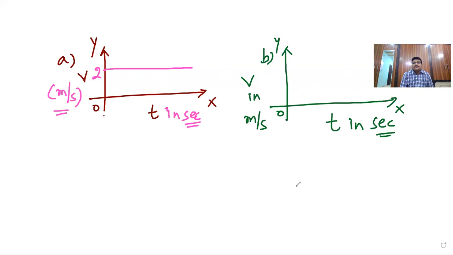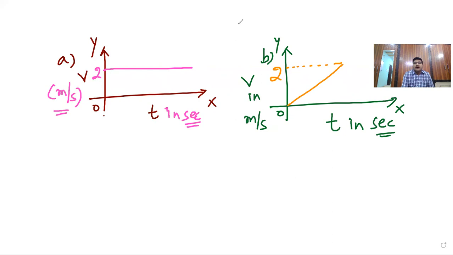This is the origin. Clear? Now, the graph provided here is a straight line passing through the origin, and the dotted lines show 2 meters per second velocity. That is option B.